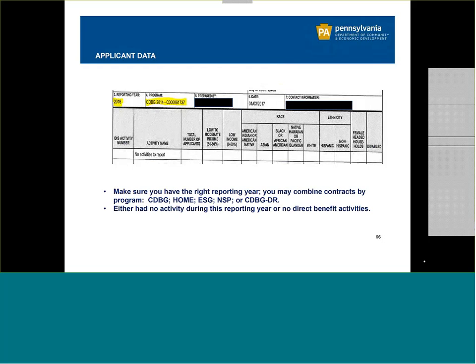The only thing I do want to point out here is that you can combine information by program on the sheets. So in this case, the county was breaking it down by contract. That's not necessary. If you saw the one before, it just said CDBG.